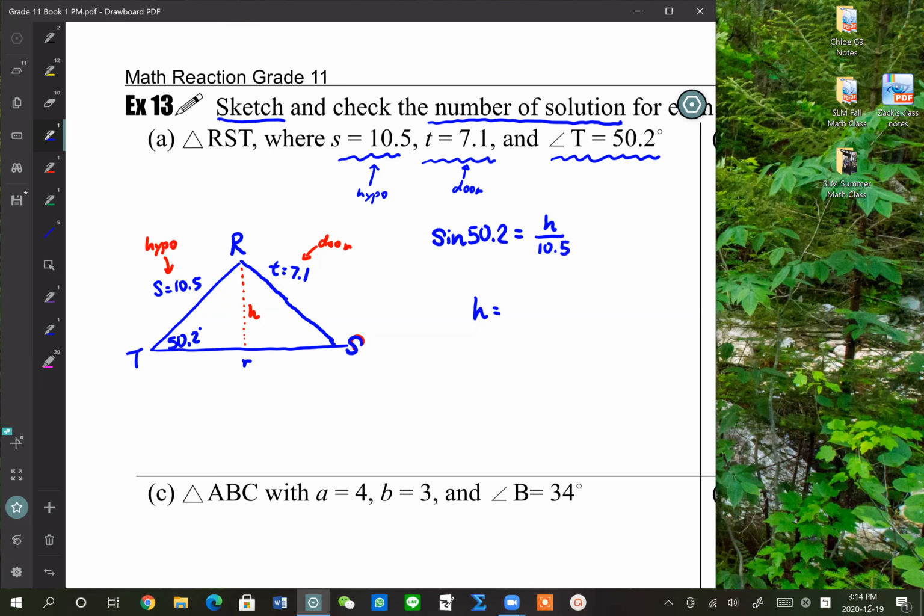Does anyone have a question about how to find the height? You have to ask me now, okay? Or you'll have trouble with the homework.